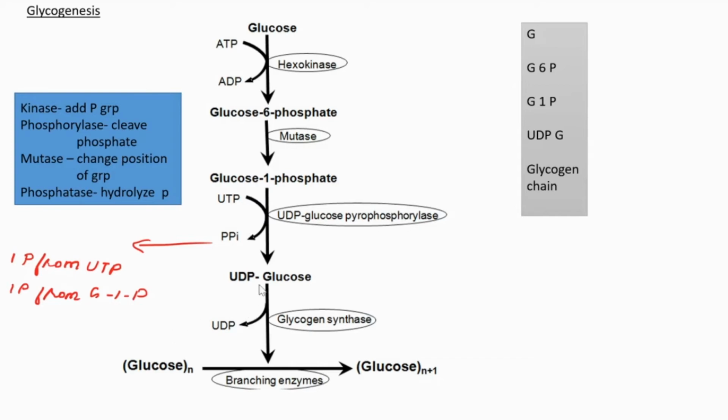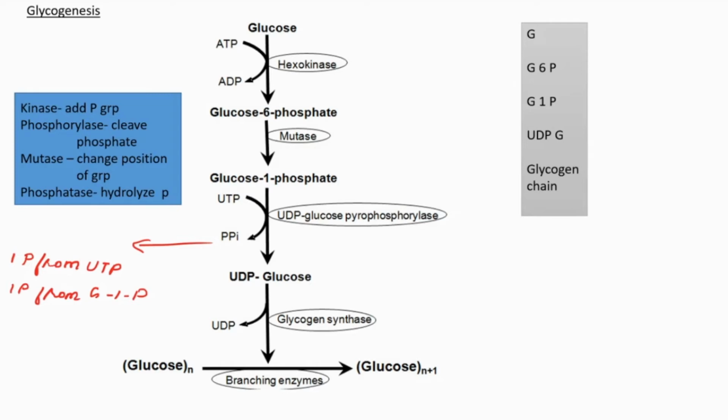Anyway, the main thing is that in this reaction UDP is removed, and the enzyme playing the main role is glycogen synthase. It combines this glucose to the growing chain of glycogen with an alpha 1,4 glycosidic linkage, because in the straight chain the bonding between each monomeric glucose unit is 1,4.